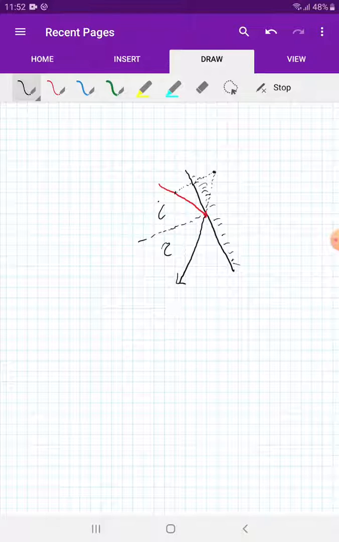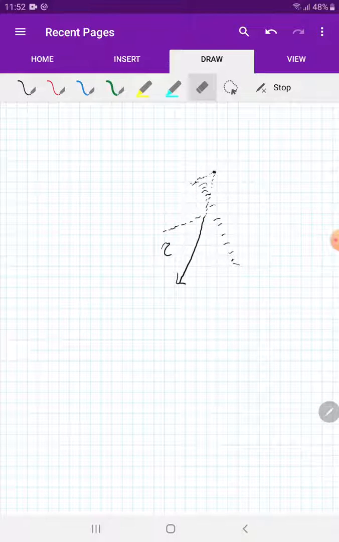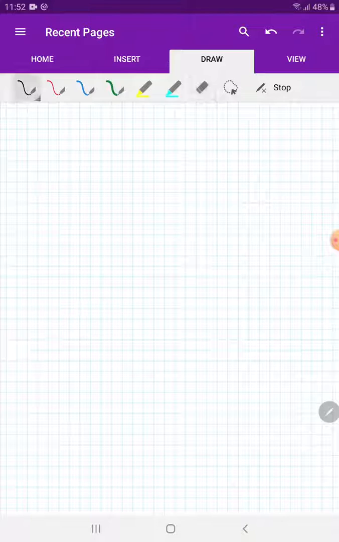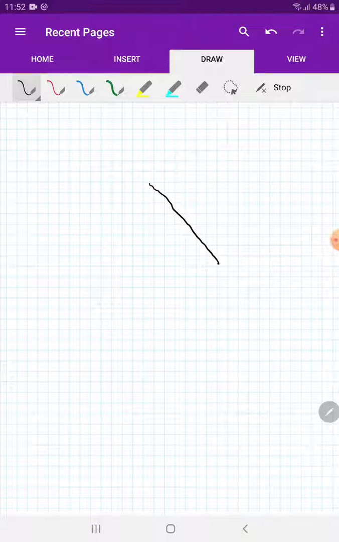Now let's start using two mirrors and see how that works. One mirror here, and I have a mirror here.